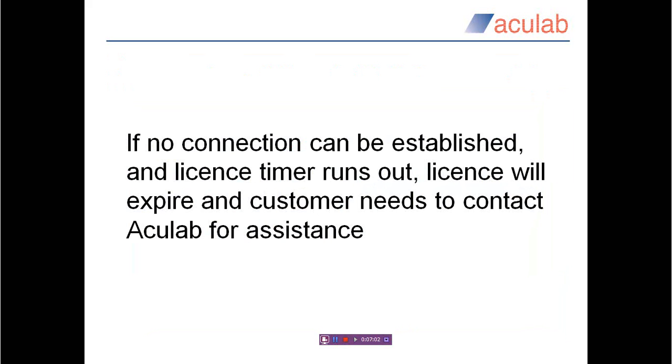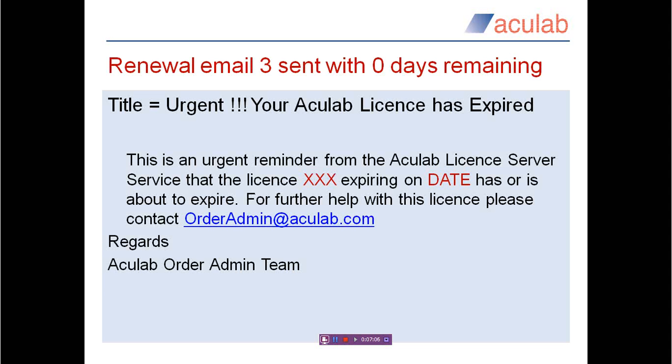If you still can't connect and you still haven't acted, then when it gets to no time left, you'll get another email telling you that the license has expired, and the license will expire and stop working, so you really don't want to get to this point. You want to have renewed before this point.